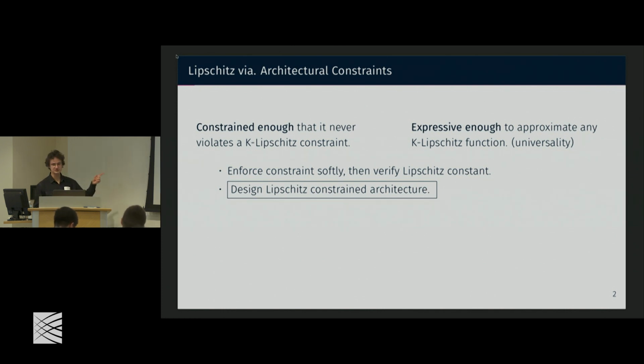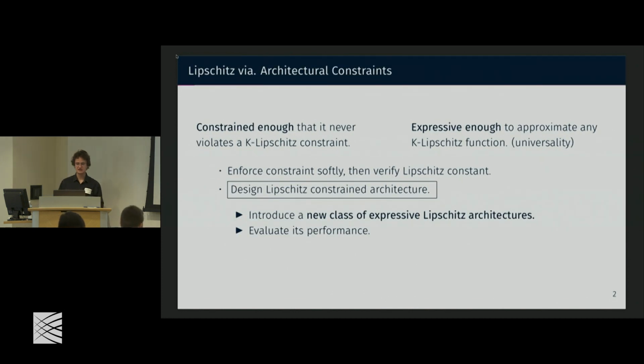In this work, we focus on the latter, mainly because there are problems where we really care about having that strict, precise, explicit control over the Lipschitz constant, like training robust classifiers with the Wasserstein distance. Also, getting a good estimate of the Lipschitz constant of neural networks is on its own a very challenging task. So by the end of this talk, James and I will have introduced a new class of expressive Lipschitz architectures, and we will have evaluated their performance on a number of practical tasks.